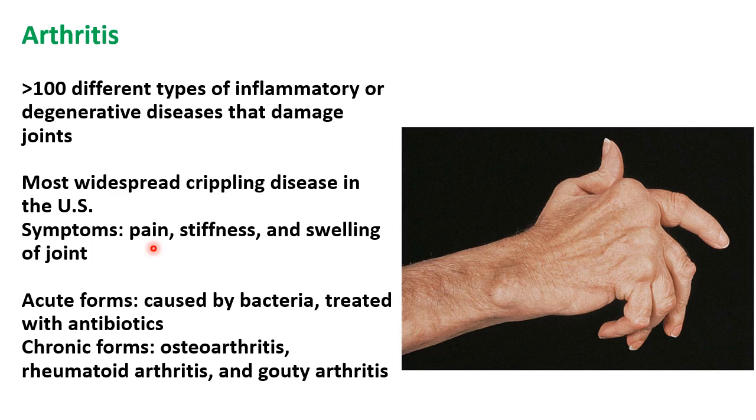These symptoms are stiffness, pain and swelling of the joint. Some of them are caused by bacteria. When arthritis is caused by bacteria, you treat with a long period of antibiotics. These are acute forms of arthritis. And then you have chronic forms of arthritis, in this case osteoarthritis and rheumatoid arthritis.